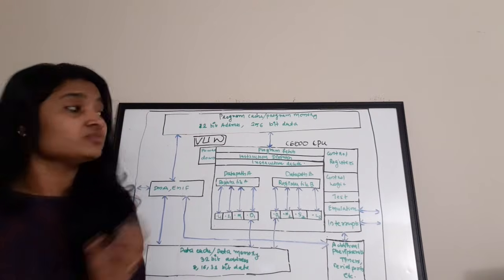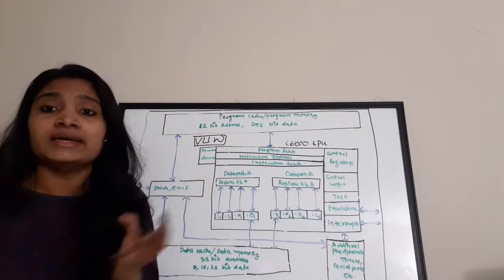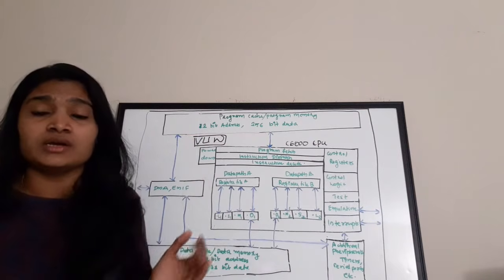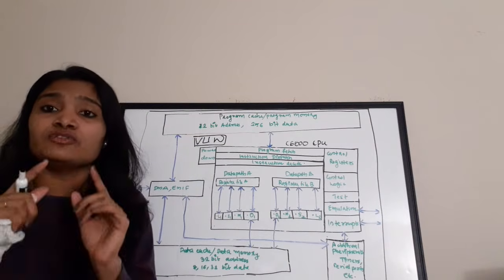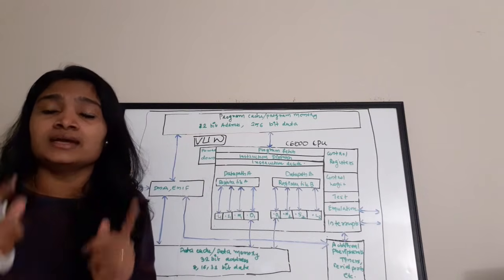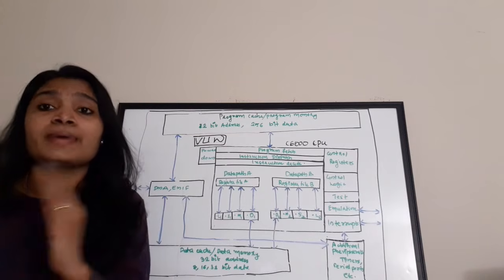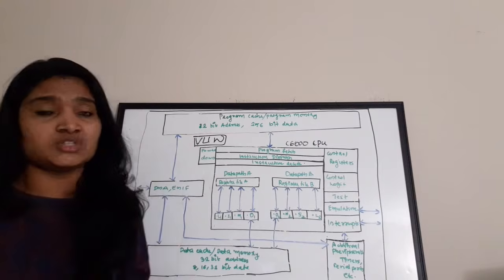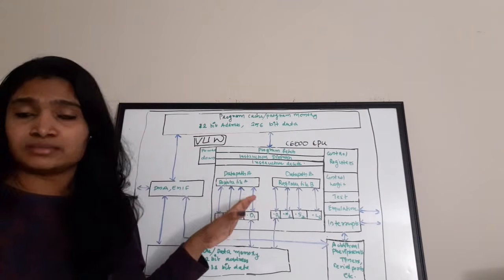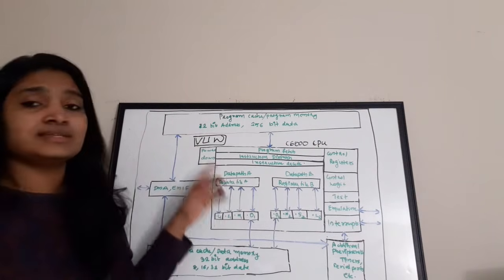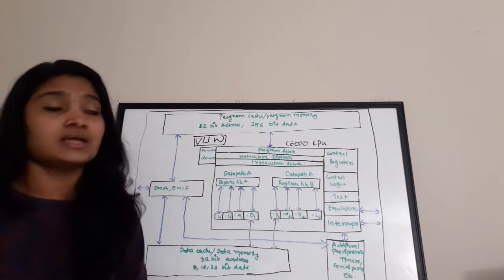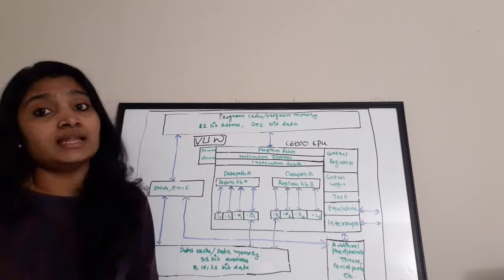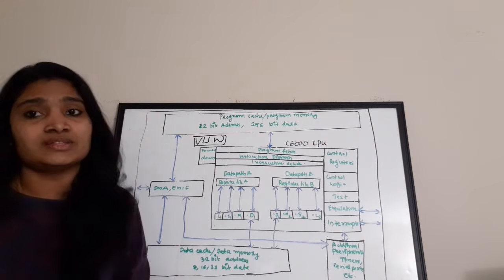What the VLIW architecture does is club all the instructions together to form a large word of instructions, and for processing, it processes these instructions in parallel. So this type of architecture is called VLIW architecture, and this DSP processor, the C67XX, and this family, the C6000 family, follows VLIW type of processing of instructions.